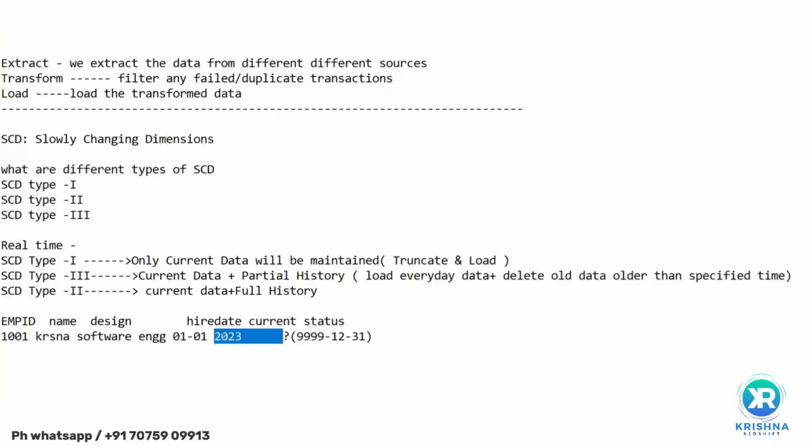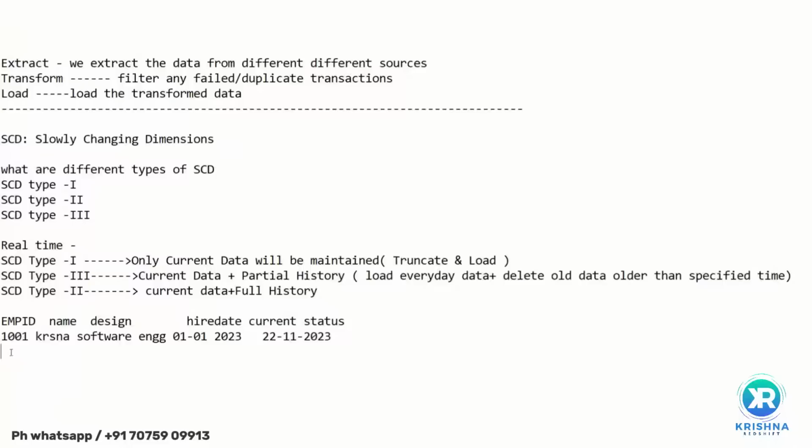Now we are in 2023, right? So generally this is called the end date. Based on how we design it, they will maintain this date, or they will keep the current status null. Null means no value will be there. That means he is active. So let's say today I got promoted. This date will be 22/11/2023.